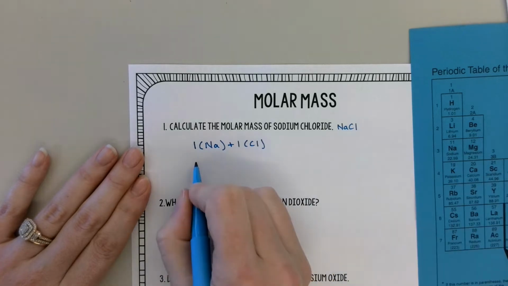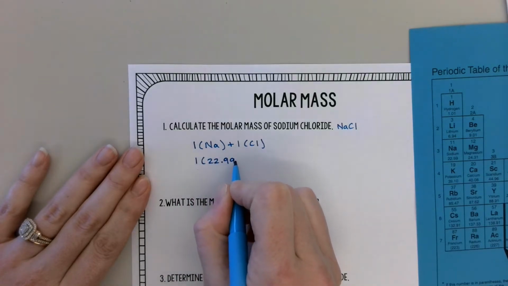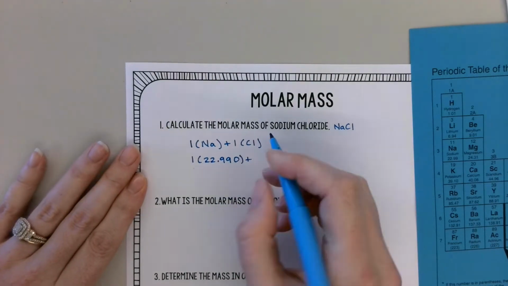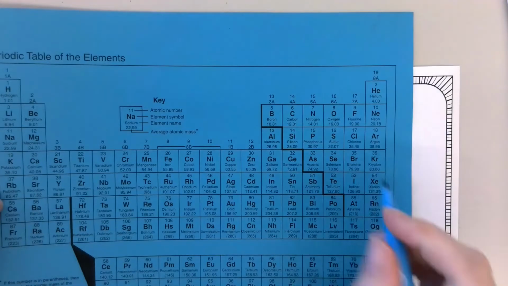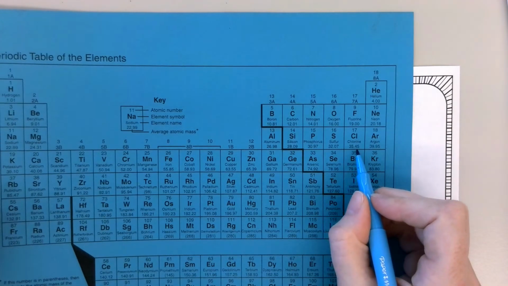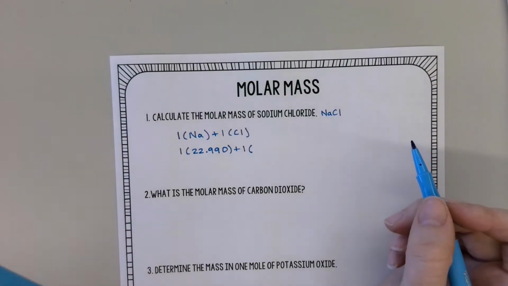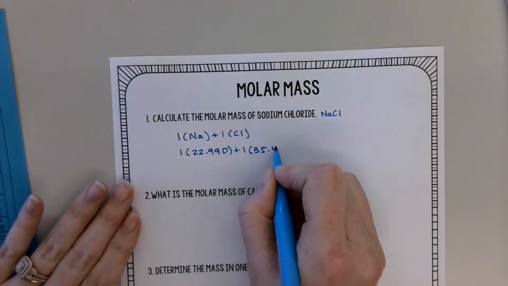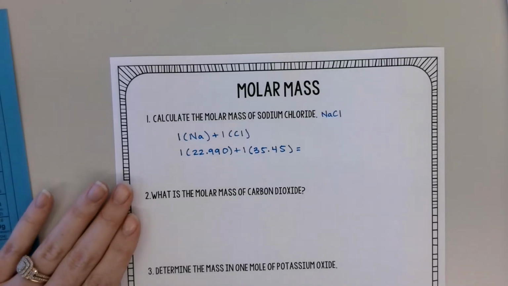So we do 1 times 22.990 for sodium, plus we only have 1 chlorine, and we look up its mass. It's 35.45. And we're going to add this all together.